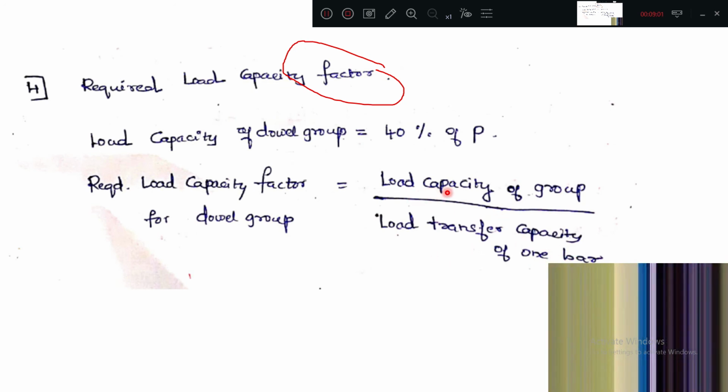Now what is this load capacity of the group? The load capacity of the group is generally taken as 40% of P. P is the design wheel load. So that 40% is the load capacity of the group. Now what is the load transfer capacity of one bar?